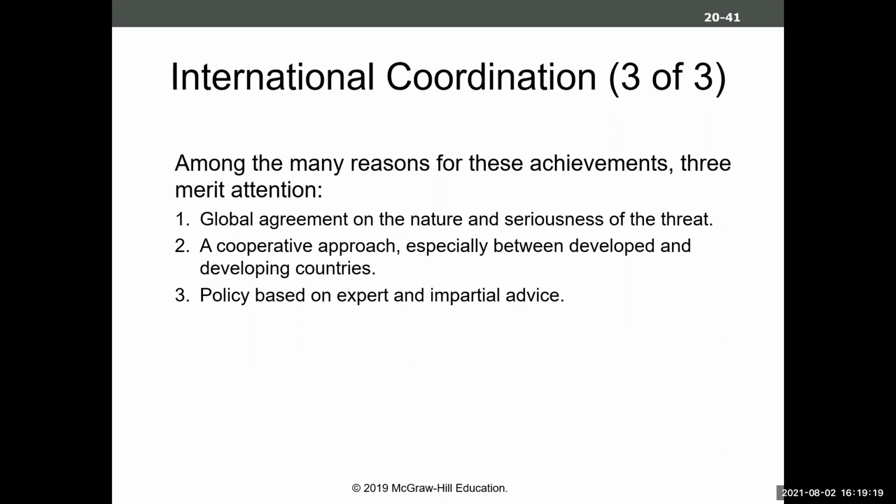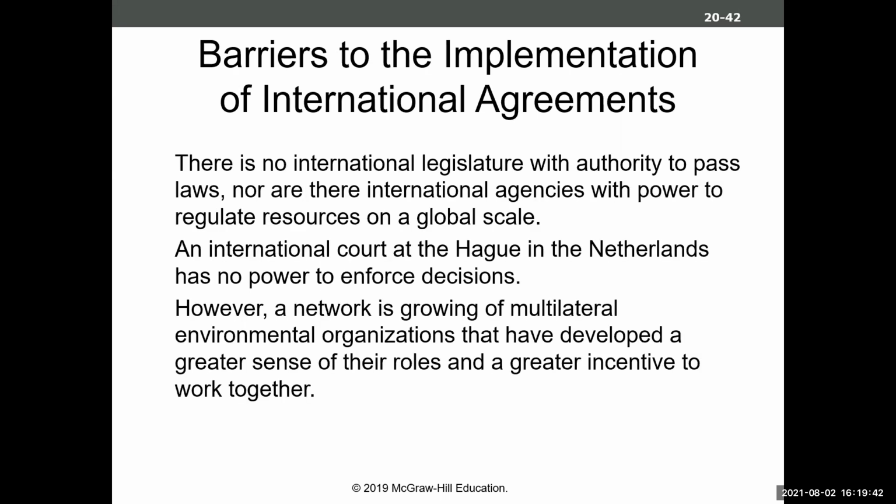You want to have a cooperative approach, especially between developed and developing countries, so those poorer countries and developed countries. And then you want your policy to be based on impartial, unbiased expert advice, who know those fields in and out, and basically go off the data, and use that science in an impartial way.